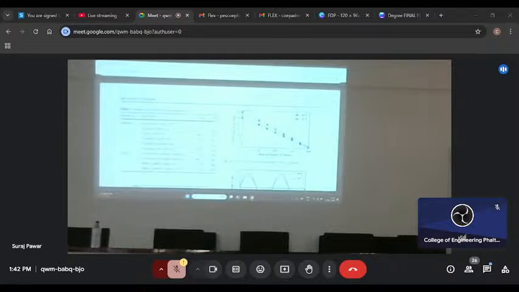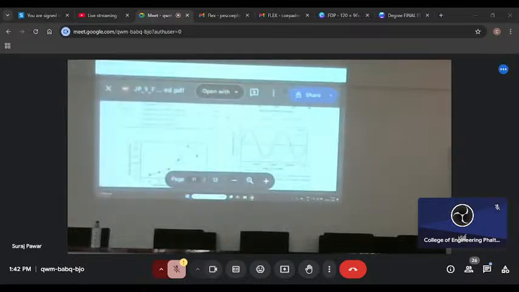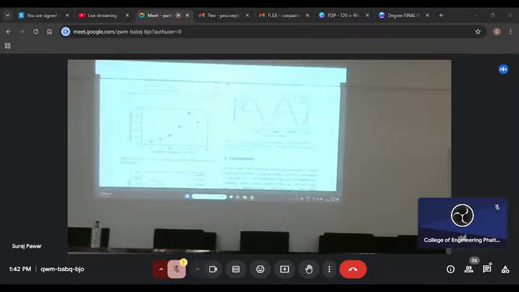This is my perception. Accordingly, I have put the table and further I have carried out analysis to get the frequency at which the pump is able to deliver the maximum flow rate.